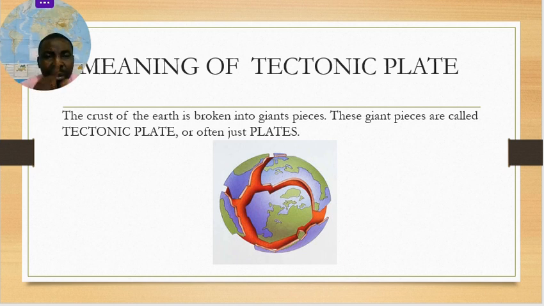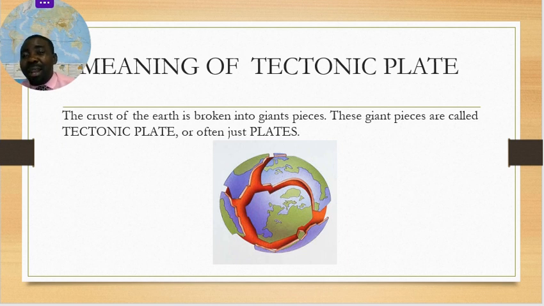Okay, so the crust is in broken pieces, and each of them is what is referred to as plates or tectonic plates. I hope you understand what tectonic plates are. They are the broken pieces of the earth crust.